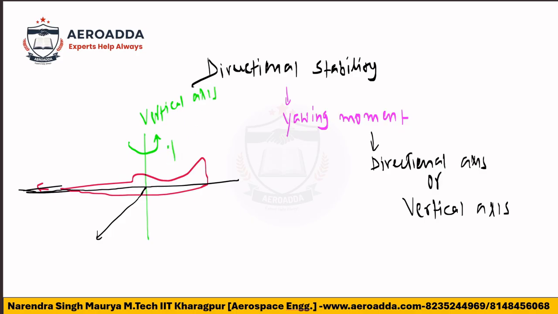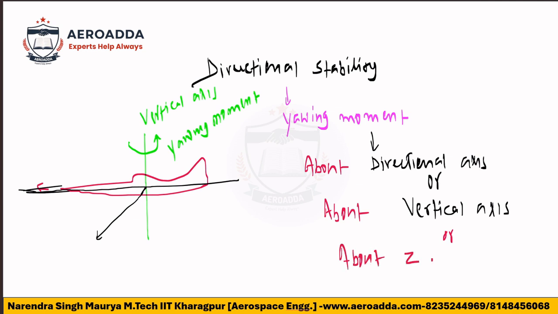we have a yawing moment. And this yawing moment is always about the vertical axis, which is sometimes also called the z axis.